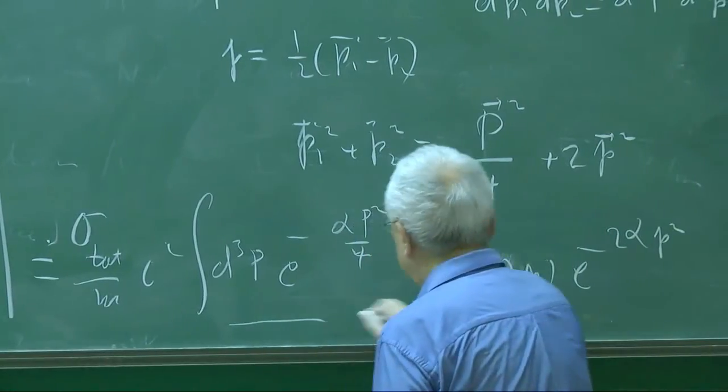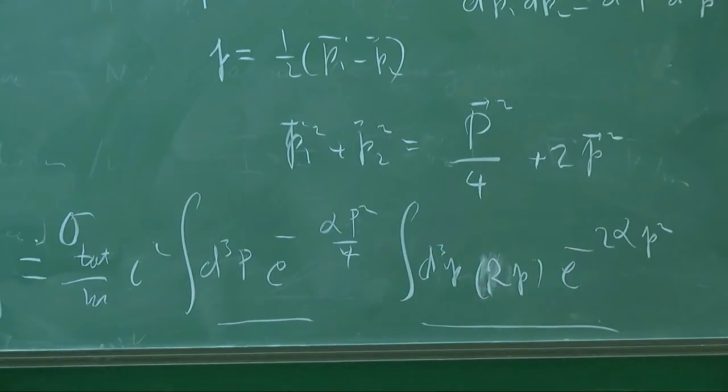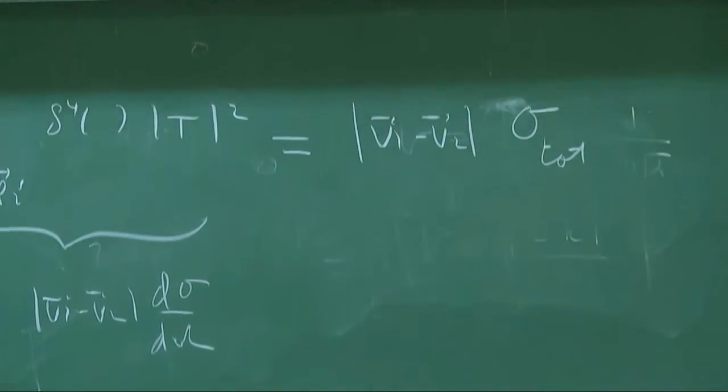This is a Gaussian integral. This is an exponential integral. You can certainly do that. They're all elementary. So I'll just give you the answer.